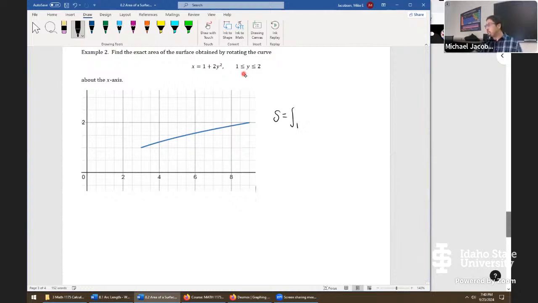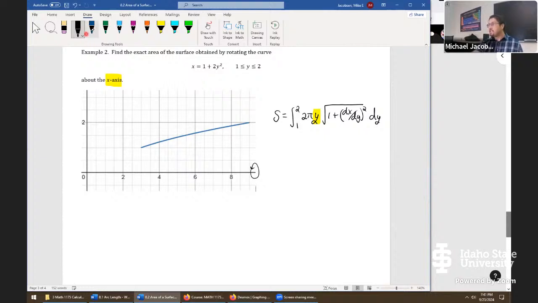We're going from 1 to 2 pi y still, because of what you said, this is still a powerful mnemonic. But now this portion is also different, square root, 1 plus. We have to say dx dy this time because our function has x as a dependent variable. So dx dy squared dy. So that's what it would look like.